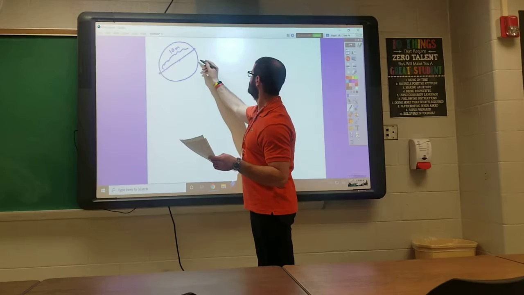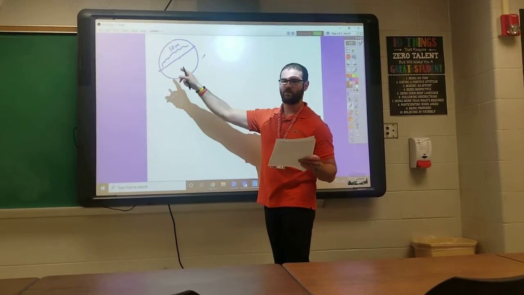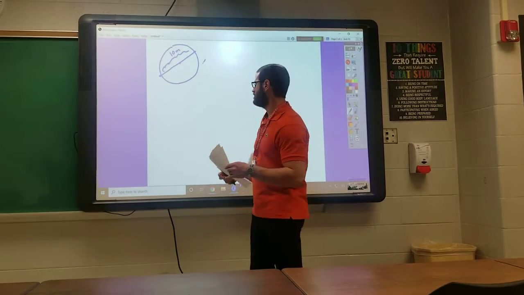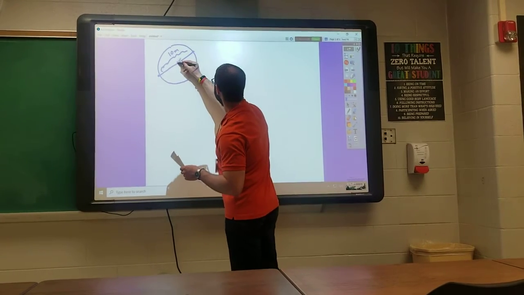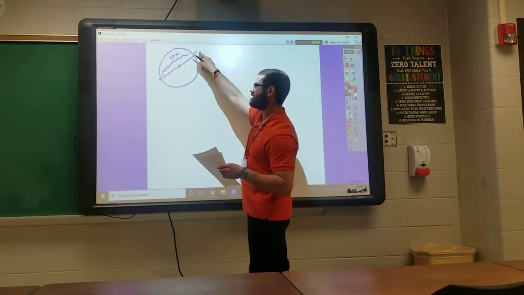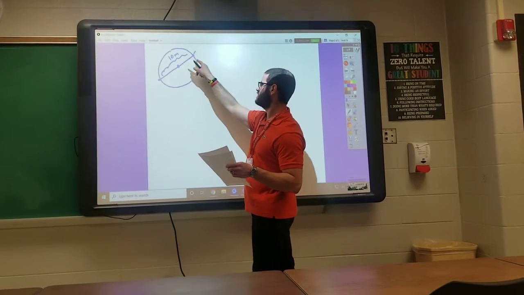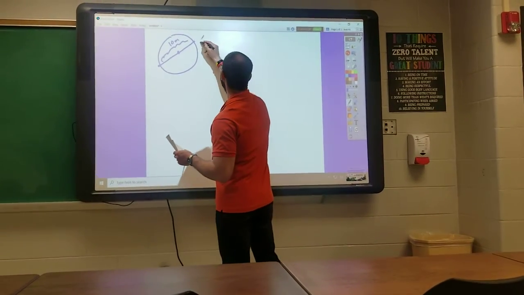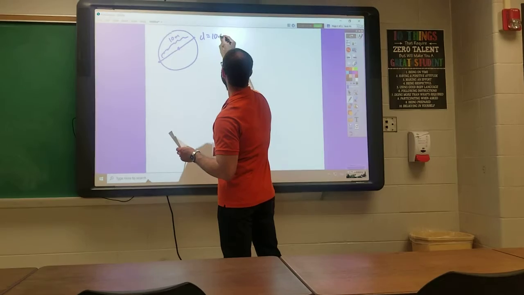You would tell me what distance the 10 meters represents. Is that a radius or is that a diameter? Well, here's the center point, and the segment goes all the way across the circle, right? Both endpoints are on the circle. That would be a diameter. So diameter equals 10 meters.